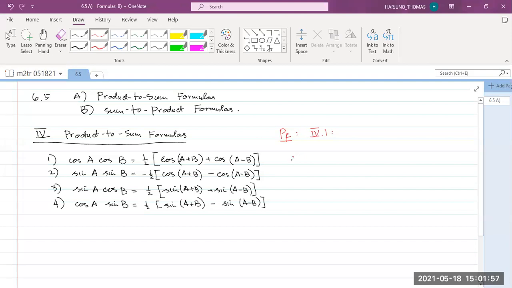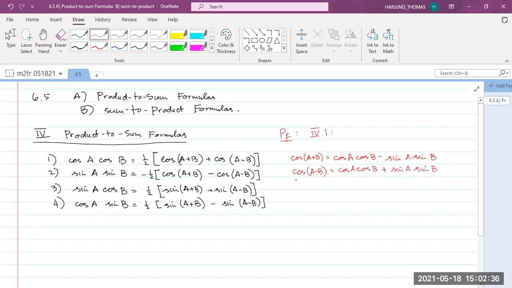We will do the expansion of cosine A plus B, which is cosine A cosine B minus sine A sine B. Now notice that we have the same expansion with a different sign in the middle for cosine A minus B. So the same terms, but addition in between.